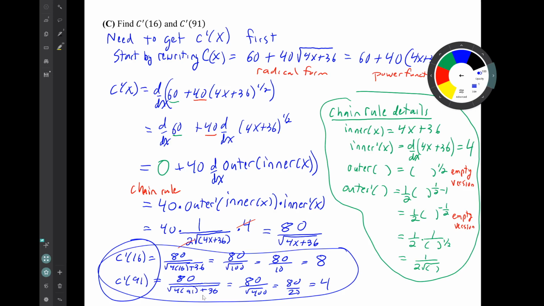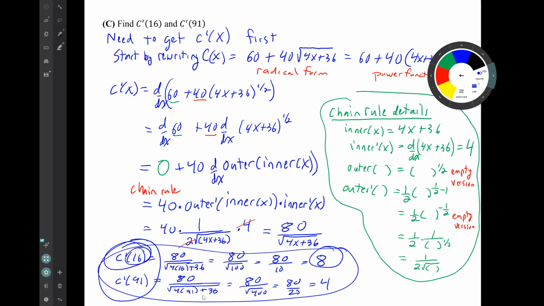Also, when we were discussing marginal analysis, we saw that this quantity is also called the marginal cost, and we saw that it could be interpreted as an estimate of roughly how much the cost will change if the quantity produced is increased by 1. So this number, 8, is an approximation of how much the costs will change if the production changes from 16 ventilators per day to 17 ventilators per day.